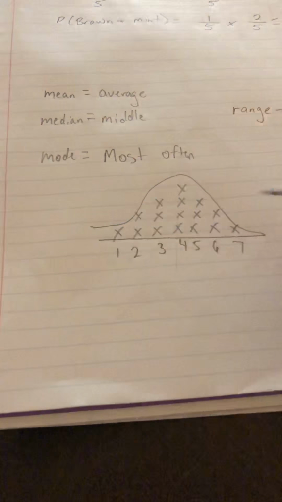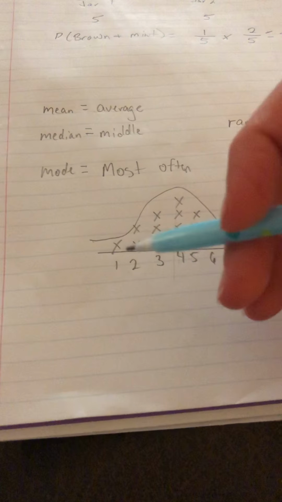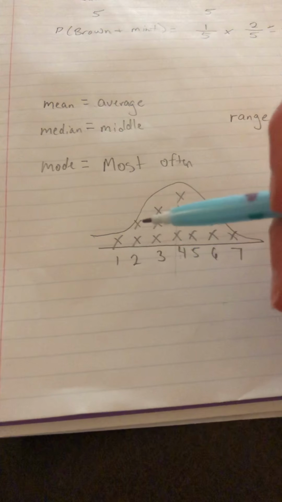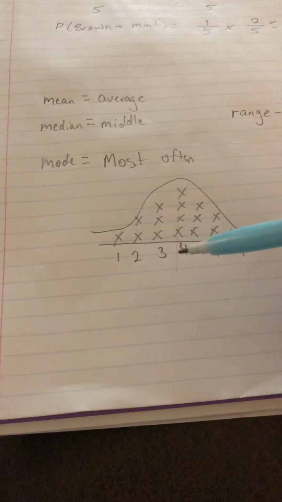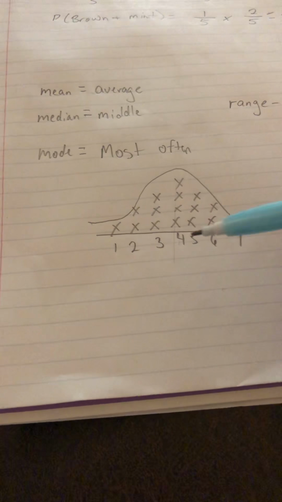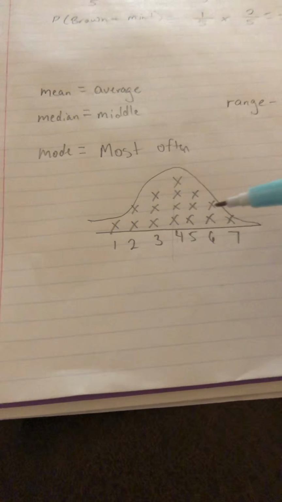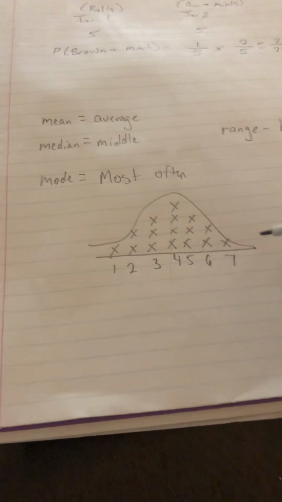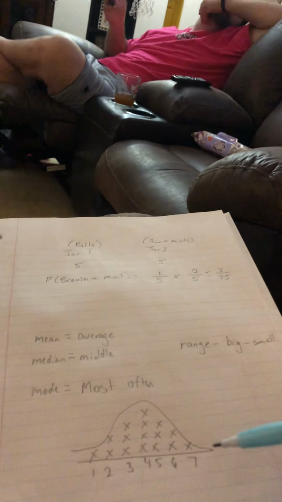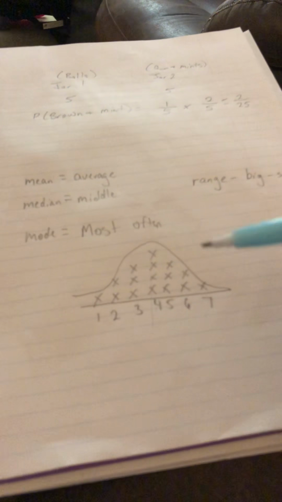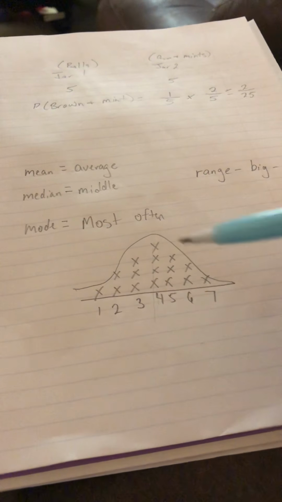Okay, so you don't even have to try. You could add up all these together. 1 plus 2 plus 2 plus 3 plus 3 plus 3 plus 4 plus 4 plus 4 plus 4 plus 5 plus 5 plus 5 plus 6 plus 6 plus 7. And divide by the total amount of points.